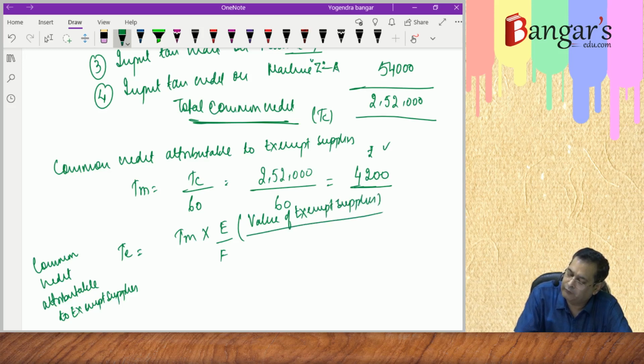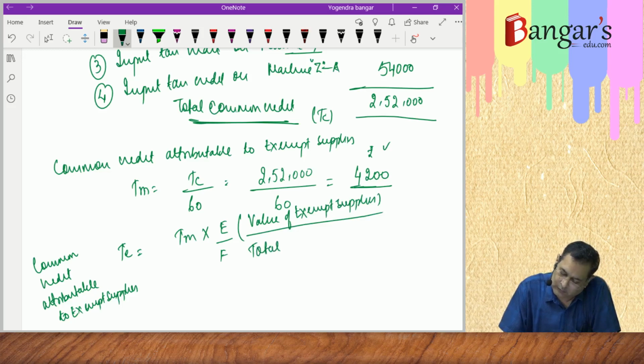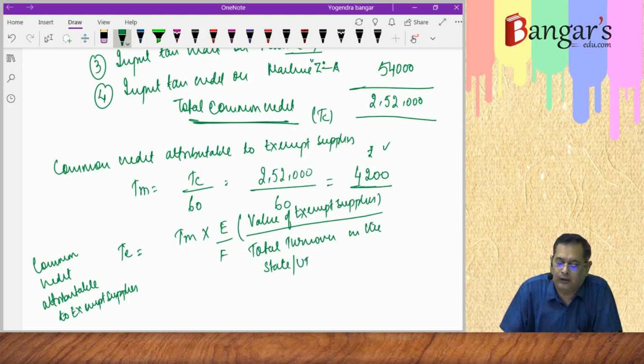And F is the total turnover in the state or union territory for the relevant tax period.